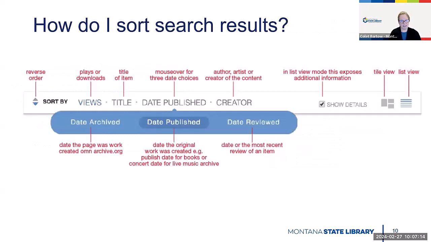There are different ways to sort results as well. Again, we're looking at that huge universe of information. So how do we sort that information so that hopefully we're honing in on a topic, a date range, and even something like the tile view or the list view, that are options for actually displaying results?